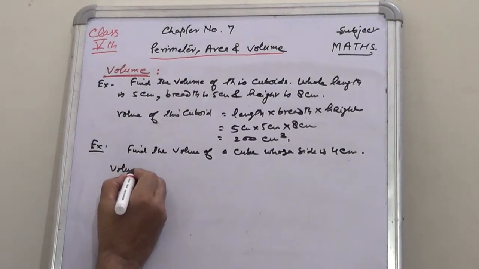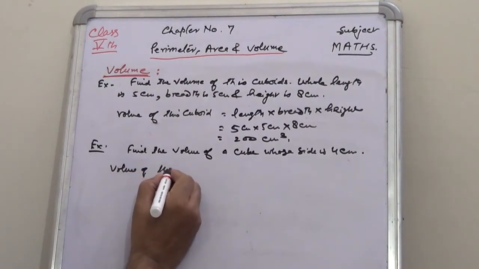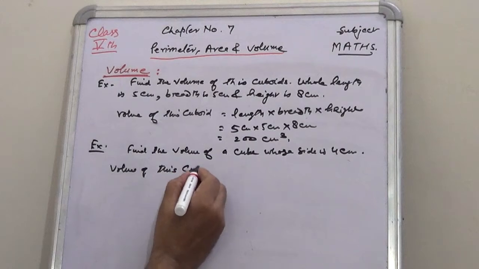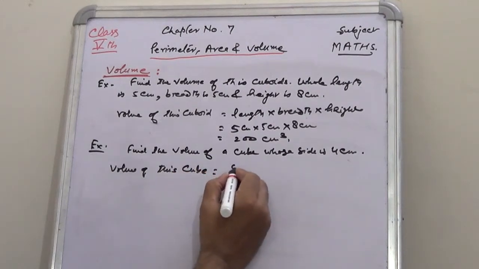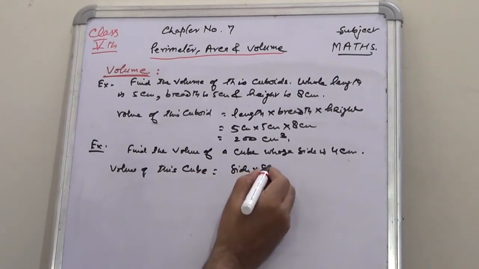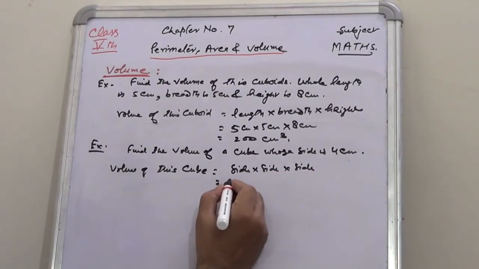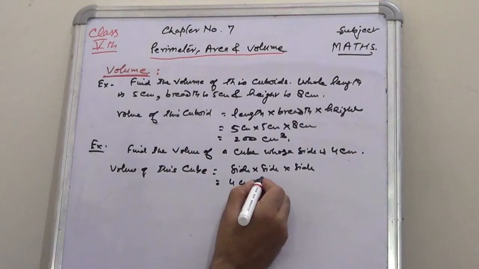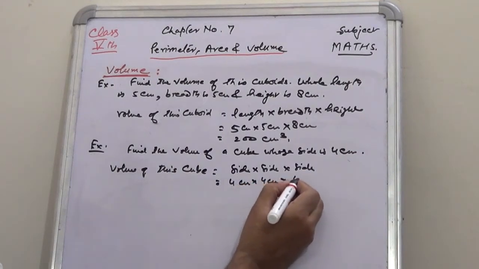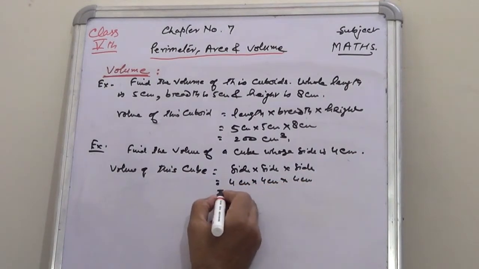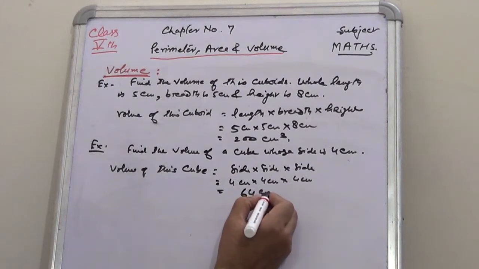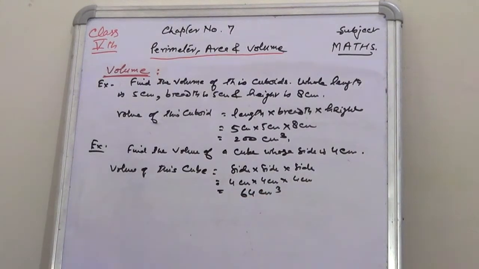The volume of this cube is side into side into side, that is 4 centimeter into 4 centimeter into 4 centimeter, so 64 centimeter cube is the volume of this cube.